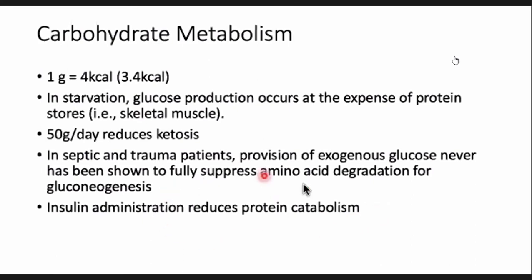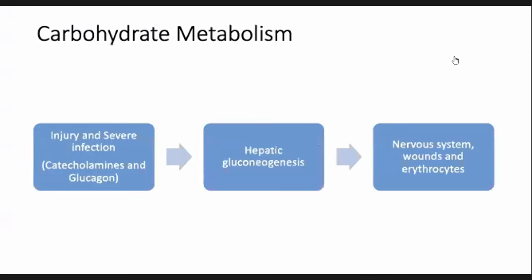Insulin administration will reduce the rate of protein catabolism in periods of stress. Through the help of your catecholamines and glucagon, there will be hepatic gluconeogenesis, which will give the glucose needed for functioning of your nervous system, healing of wounds, and energy for your erythrocytes.